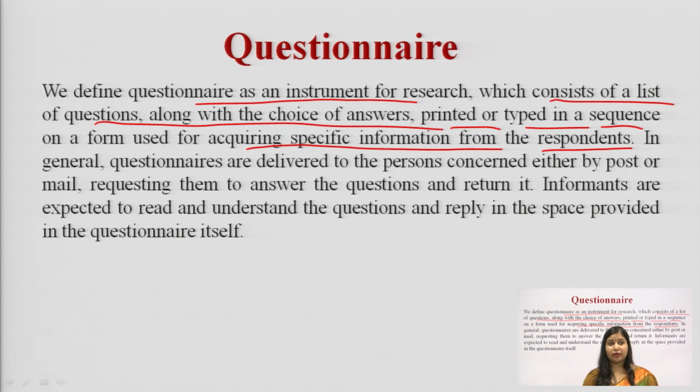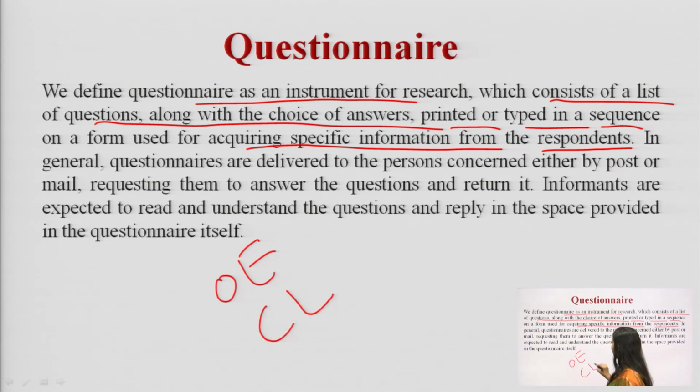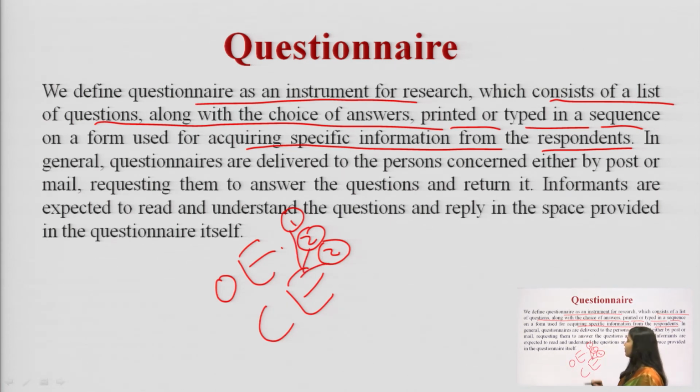In a questionnaire you put the questions and the answers, but there are two types of questions put in the questionnaire. One is open ended question and second one is close ended question. In a close ended question you give them answers, there are options given.